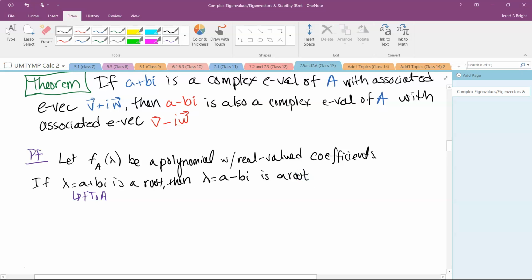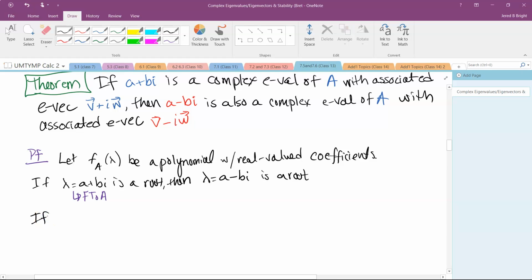And so that's proving that the complex eigenvalue and its conjugate are eigenvalues for this matrix.